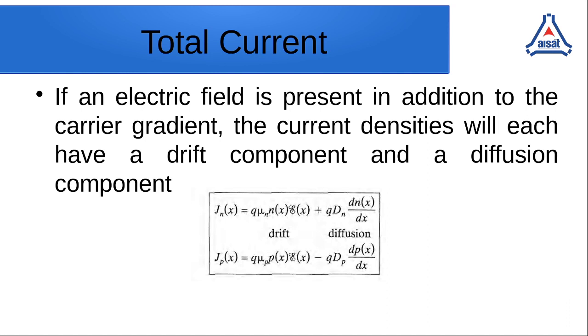Similarly, the current due to holes will also have two constituents, the drift current and the diffusion current, given by q mu p p(x) E(x) minus q Dp dp(x) by dx.